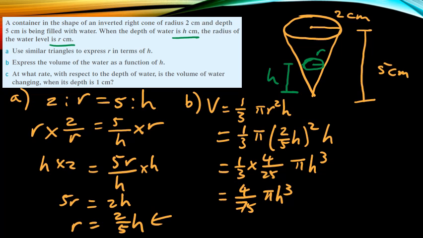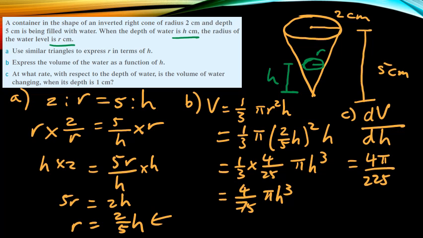Then it says at what rate is the water volume changing. So if we're finding the rate of change with respect to depth, what do we need? The V over what? What's the depth, h or r? h. So dh. So if you look here, we take the derivative of that. That's 4 pi over 225 h squared.